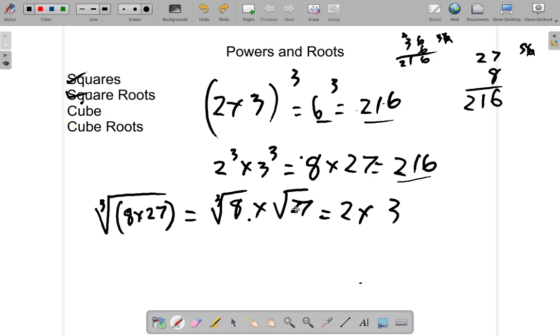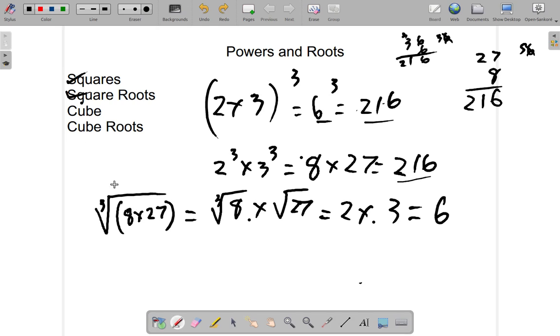Cube root of 27, 3 3s 9, 9 3s 27, so it is 3. What is 2 times 3? It is 6. So you can separate these numbers multiplied to give you the cube root. Alright, that will be useful later on when you come to a later topic.